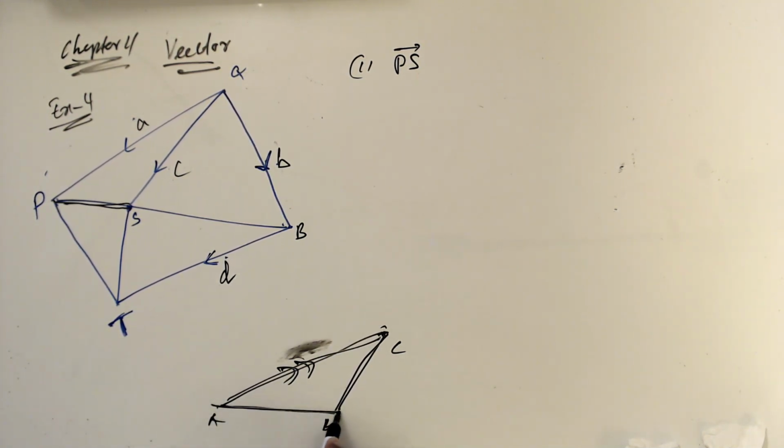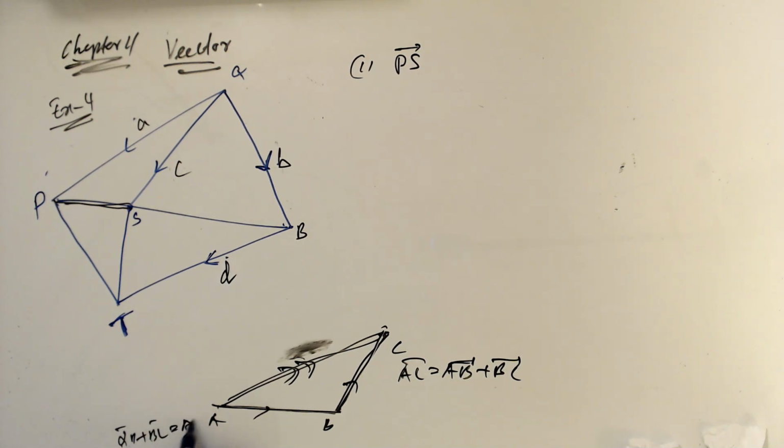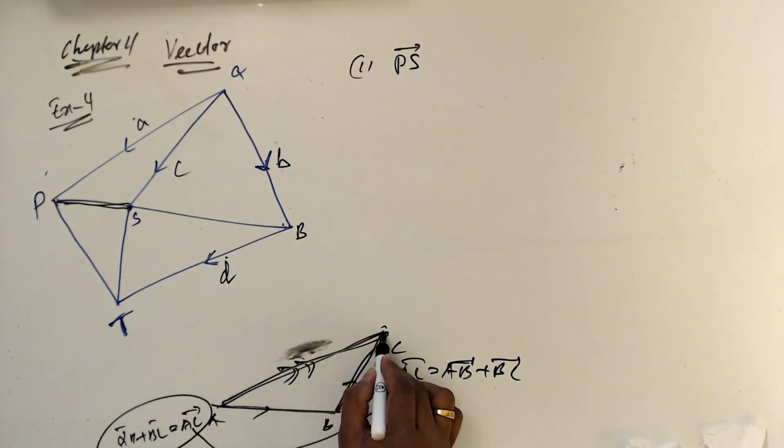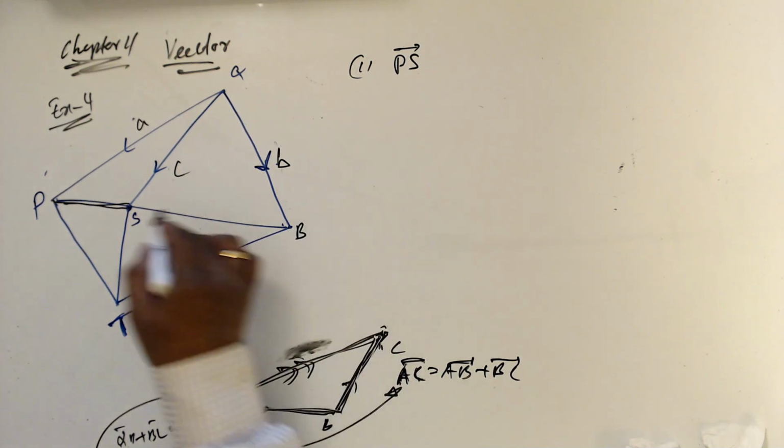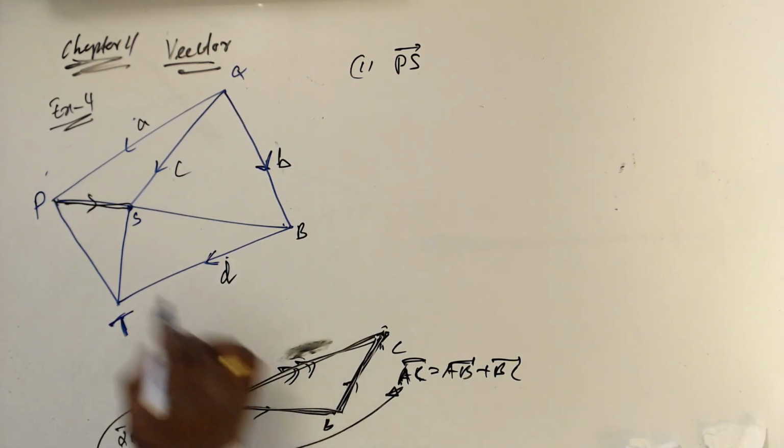You go to AB and then BC. So AC means AB plus BC. The law is, if we have AB and BC, then you can write the answer as AC. Now we are using it the opposite way. If we want to find AC, it means this one plus this one, AB plus BC.